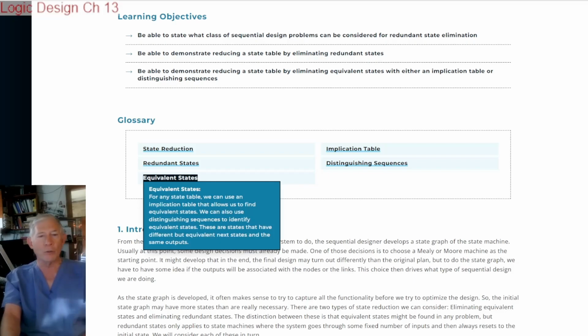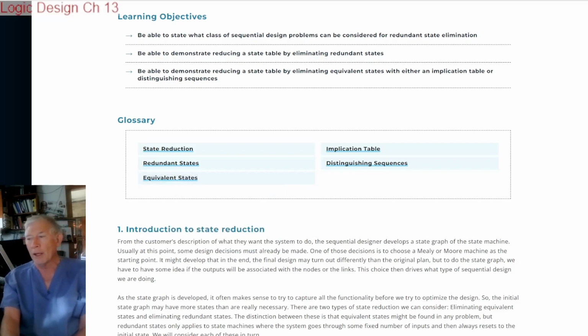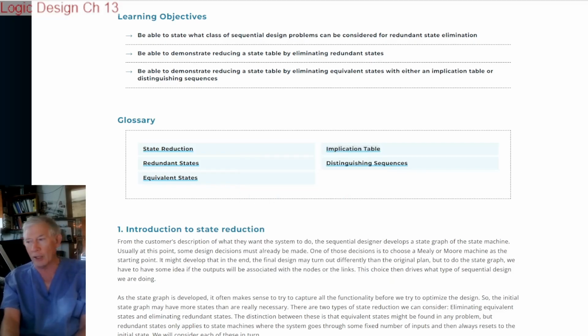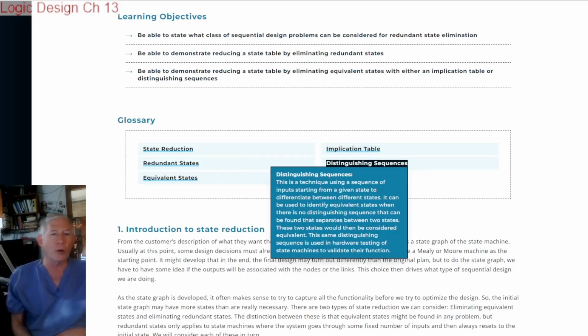For equivalent states, we'll use distinguishing sequences or an implication table. The implication table is just a way to identify these equivalent states, and a distinguishing sequence is a very important concept that also has a lot of play when we are trying to develop tests for our sequential designs.